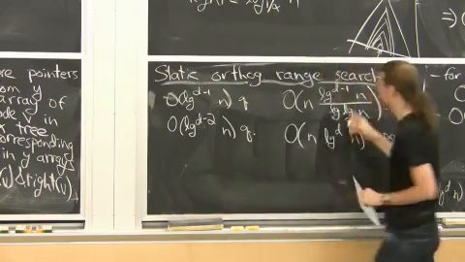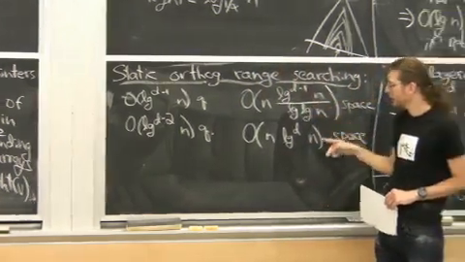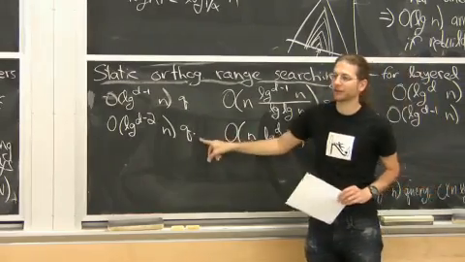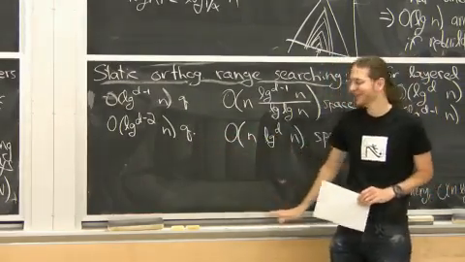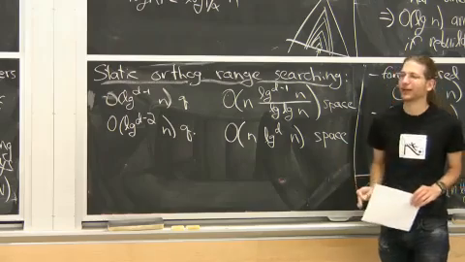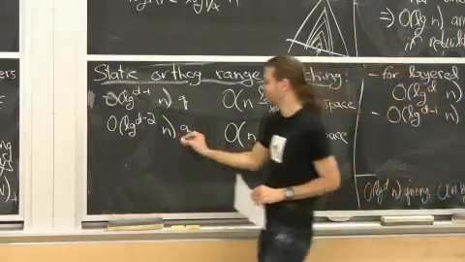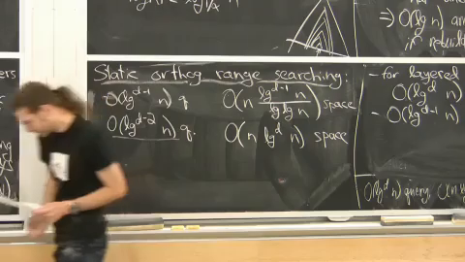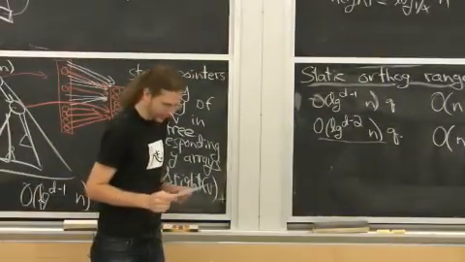So if I give up another log factor in space, I can get another log factor in query. I don't think you can keep doing that, but for one more step you can. And I believe this is conjectured optimal for query. Don't know if it's proved.